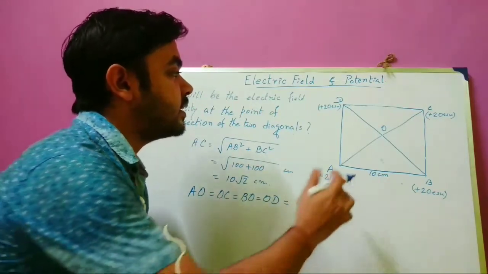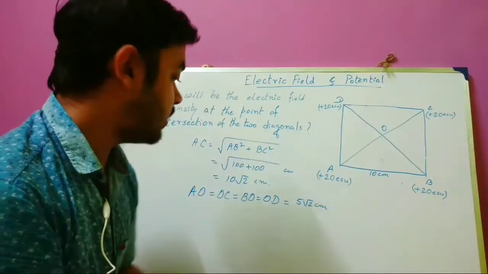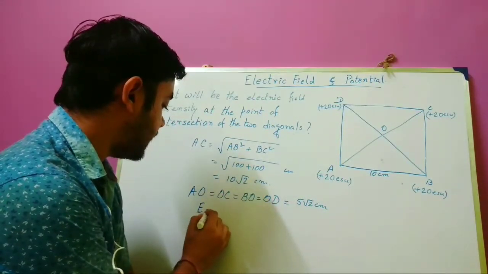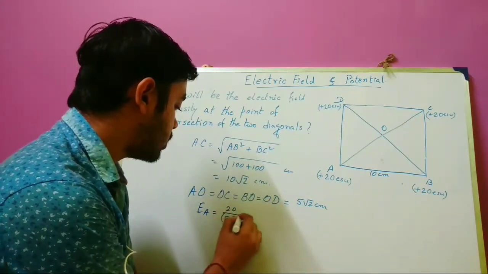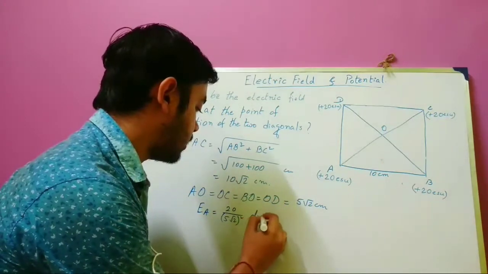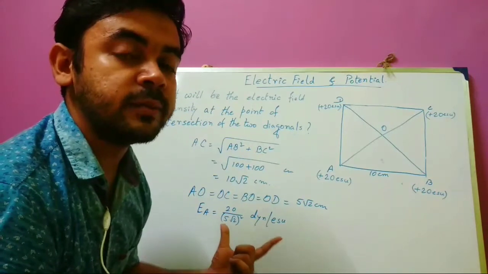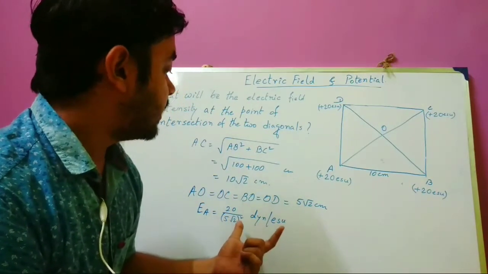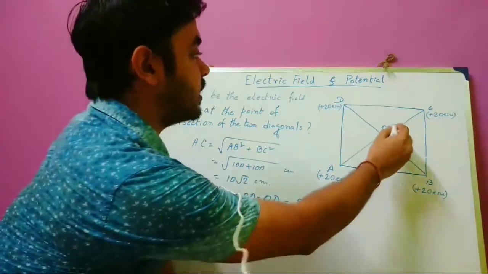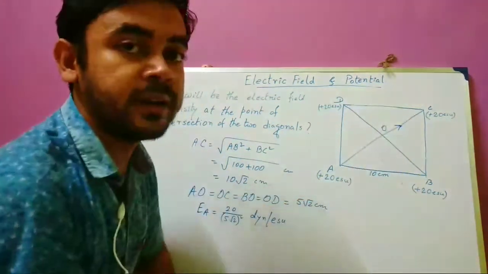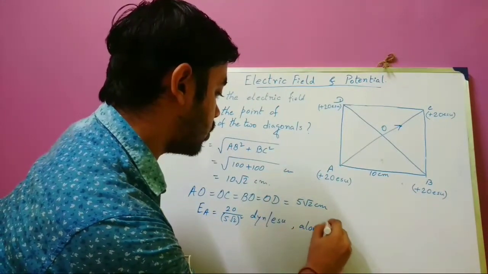Now the electric field intensity at O due to the charge placed at A will be given by EA equal to 20 divided by 5 root 2 whole square dyne per ESU. But I told you that the electric field intensity is a vector quantity and the direction of electric field intensity is always away from the positive charge. So it will be along OC.